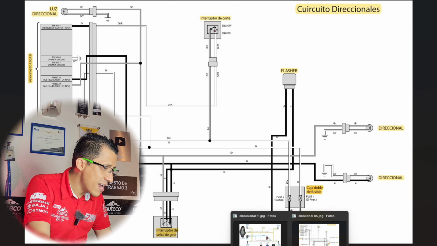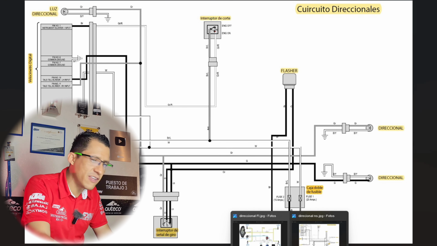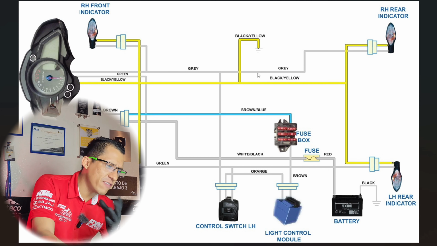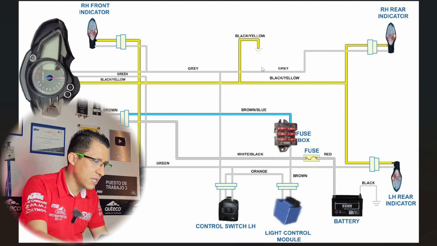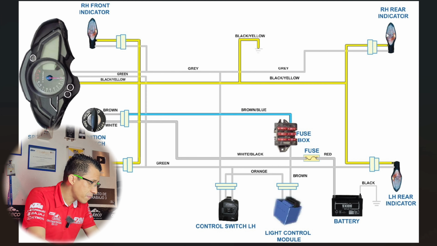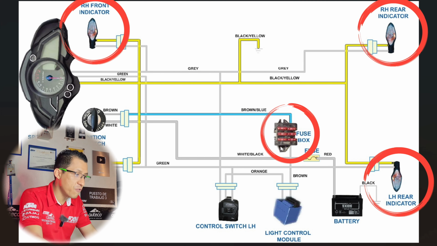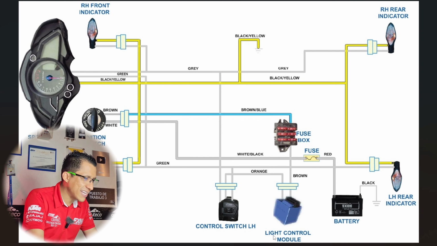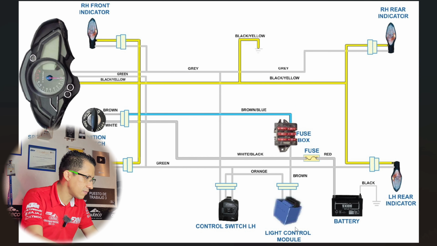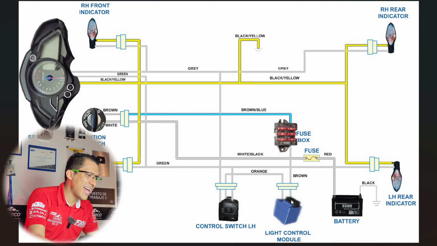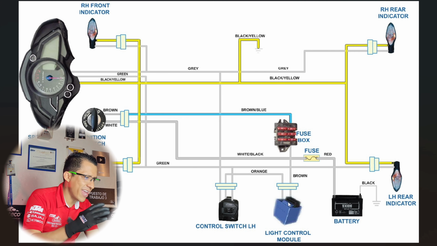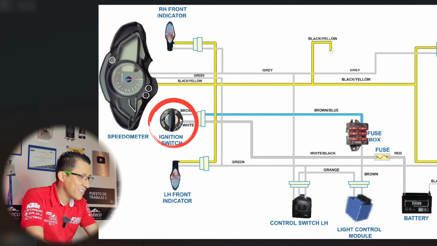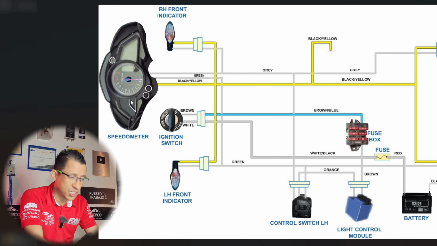For example, here I have the injection diagram that, as we can see, is a bit friendlier because it doesn't contain symbols, but rather photos. Likewise, we have turn signals, the fuse box, the battery. The difference from the previous one is that it has a light control module. That is, a light control module unit that is a hybrid unit where the integrated flasher is, as well as the left command, the main switch, and the dashboard.